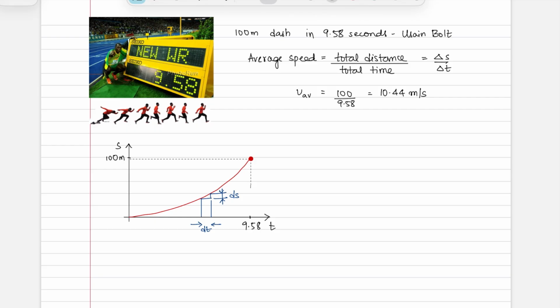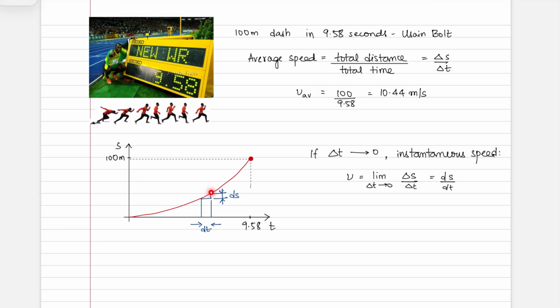If delta t goes to 0, then what you get is the instantaneous speed, where v, the instantaneous speed, is the limit of delta s over delta t as delta t goes to 0, or equivalently ds/dt.